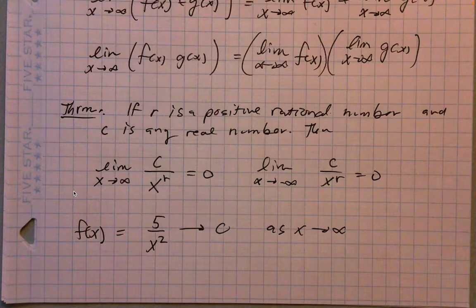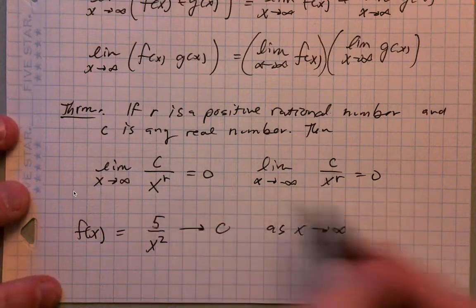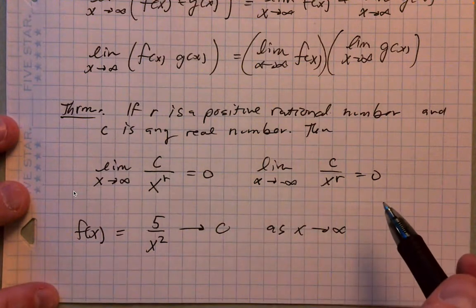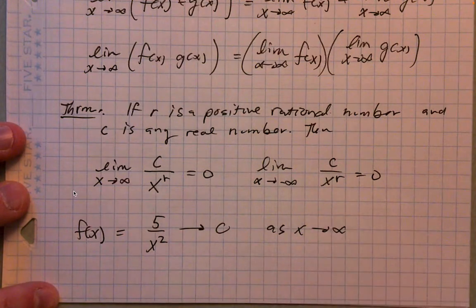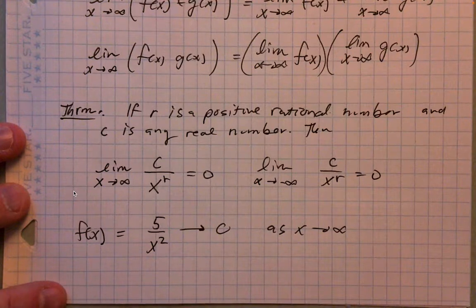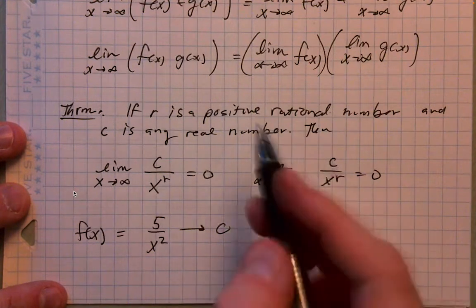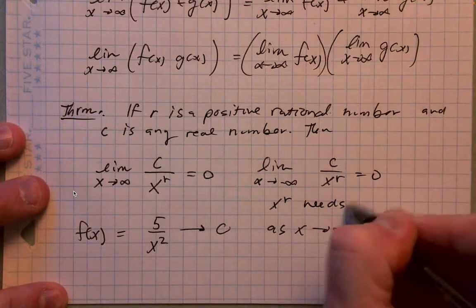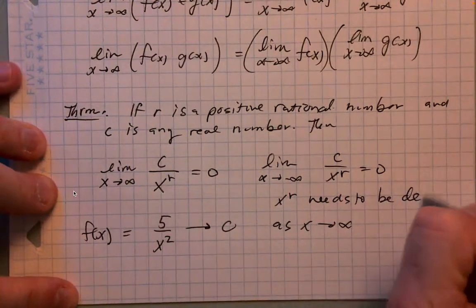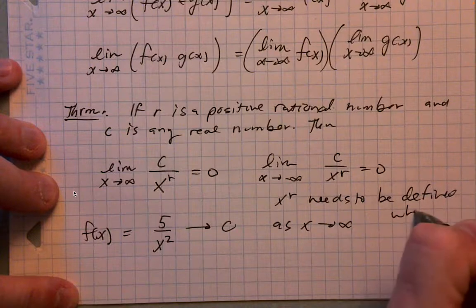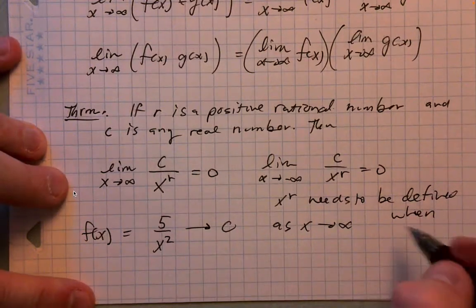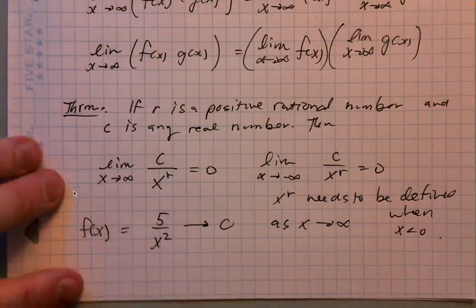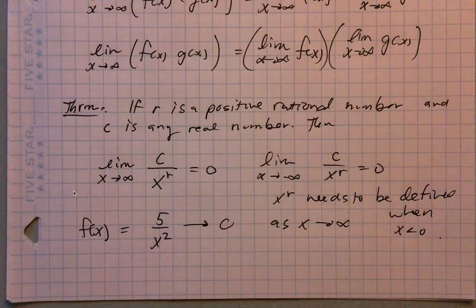So yeah, this theorem is also assuming that x to the r power is defined when x is less than 0. Okay, that's for this other piece. So x to the r needs to be defined when x is less than 0, right? So not a problem. Most examples, that's kind of obvious, right?